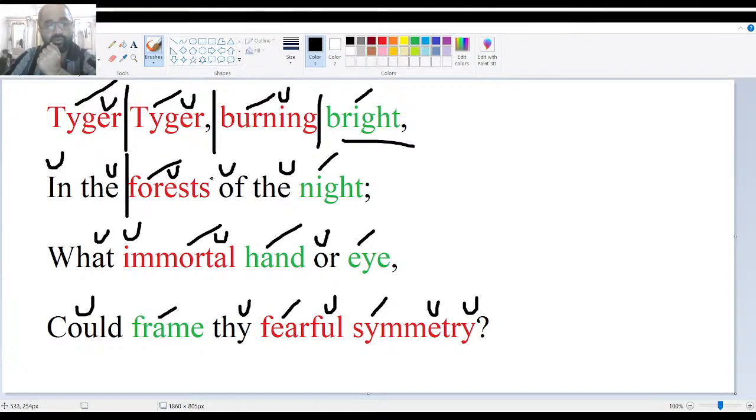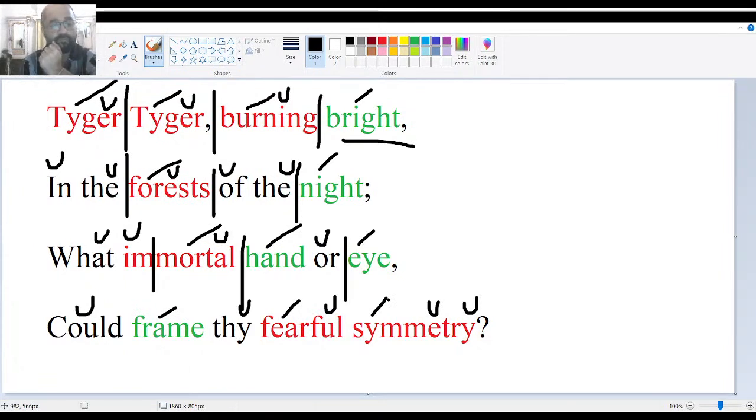In the forests of the night. What immortal hand or eye? And then you have something rather strange in the fourth line.